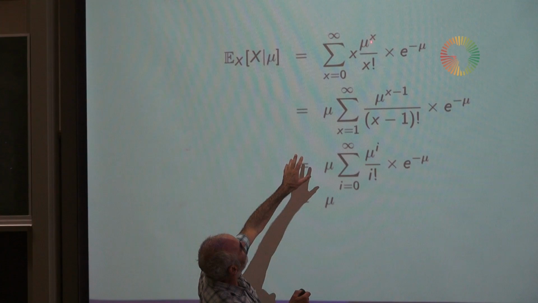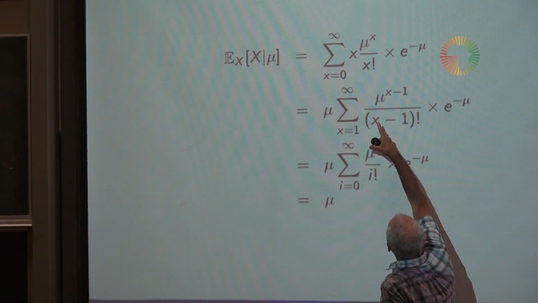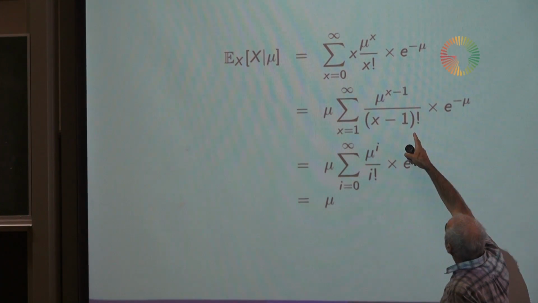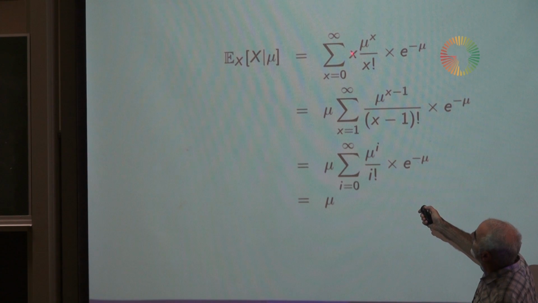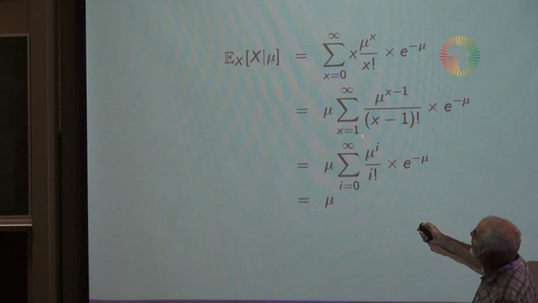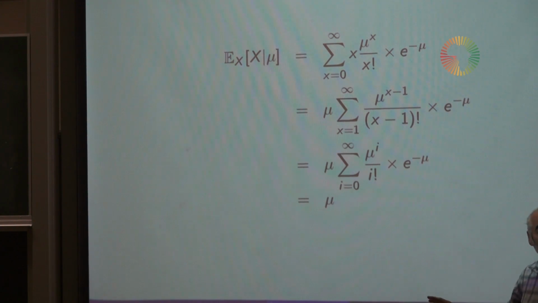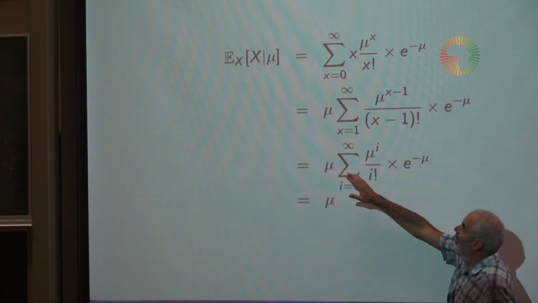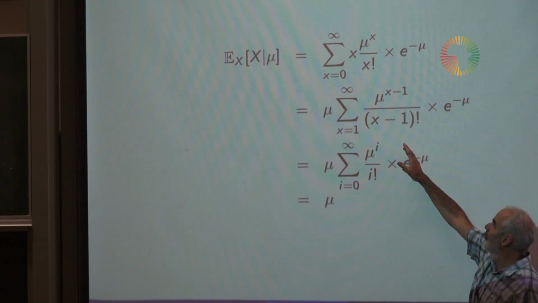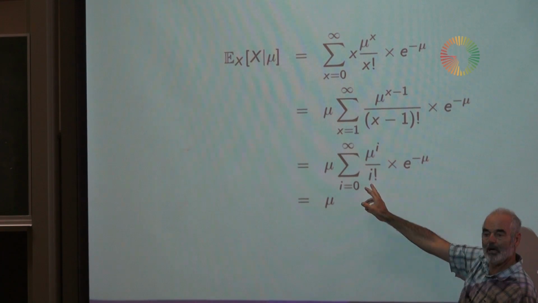We can take one of the mu's outside, and we're left with mu to the x minus 1 over x minus 1 factorial times e to the minus mu. Also, because the first x is 0, the 0 term disappears, so we only have to go from 1 to infinity. Now the trick is to make the transformation from x to i, where i is x minus 1.